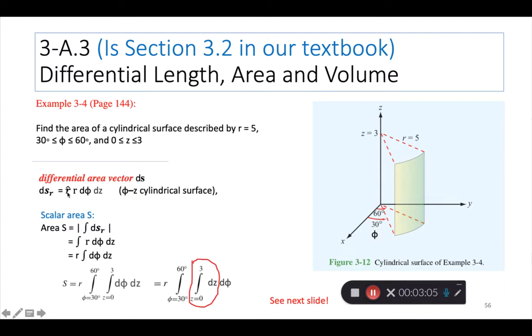So in the unit direction r, which is obviously in this direction, coming out, the r unit vector, the coefficient is r dφ dz. Okay, so that is the definition, and from there to find the scalar area you actually integrate.